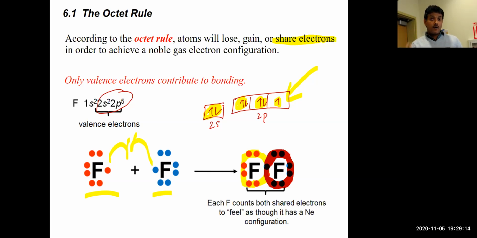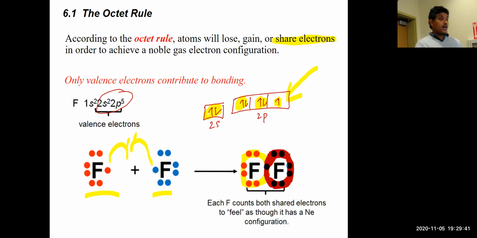This is the reason why atoms make bonds, because they can make up for their deficiencies of having a low number of electrons by sharing electrons with another atom. This is the main driving force behind atoms forming molecules. Because here now each of the fluorine atoms is almost acting like neon, the atom with 8 valence electrons.